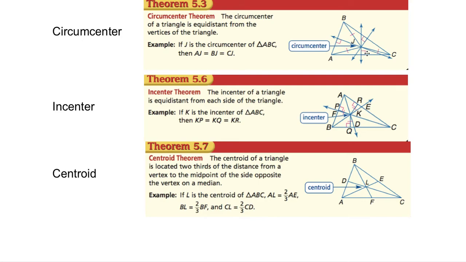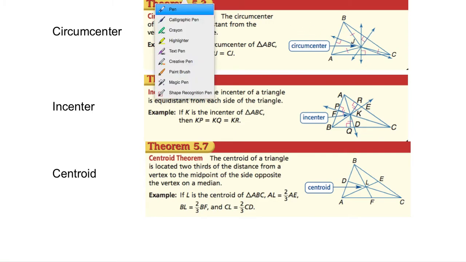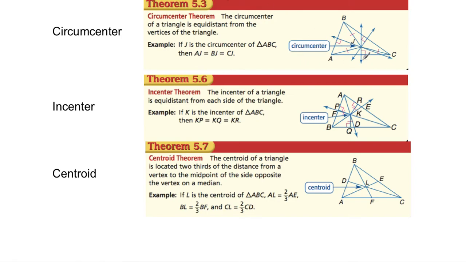And so the circumcenter is going to be equidistant to all the vertices. Here you can kind of see this jumbled up picture, but there's one perpendicular bisector. If I go over this with my marker, here's my perpendicular bisector.